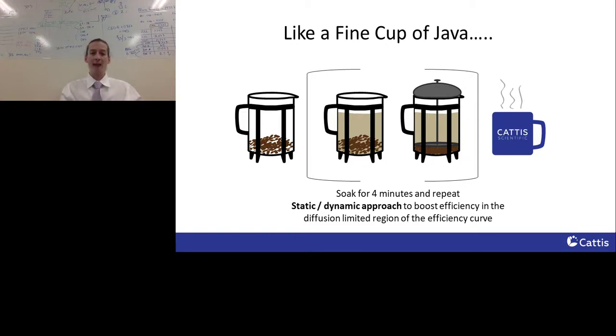Now, if we were to analyze this, the first round we do this, say we extract 10% of the available caffeine. And I'm just making 10% up for this example. Well, you can imagine we do this round again, right?